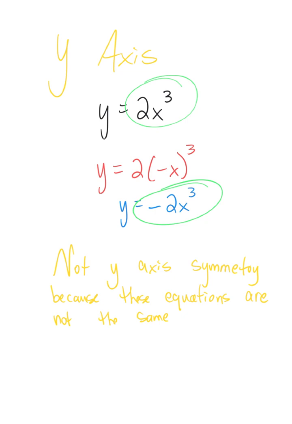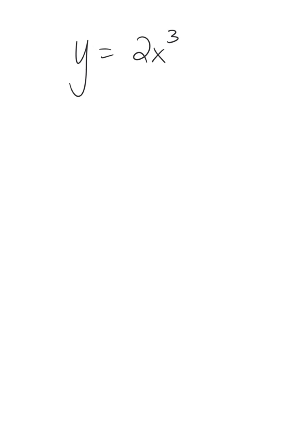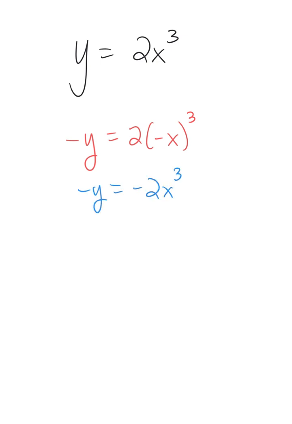But let's go into the origin one. The origin one is different. Now we are replacing the y with a negative y, and we're replacing the x with a negative x to test if this is symmetry. When I work through this problem, I still get negative y equal to negative 2x cubed, as we saw in the last one. But I need to solve for y to get y all by itself. When I do that, I get a positive 2x cubed, because I divide both sides by the negative.